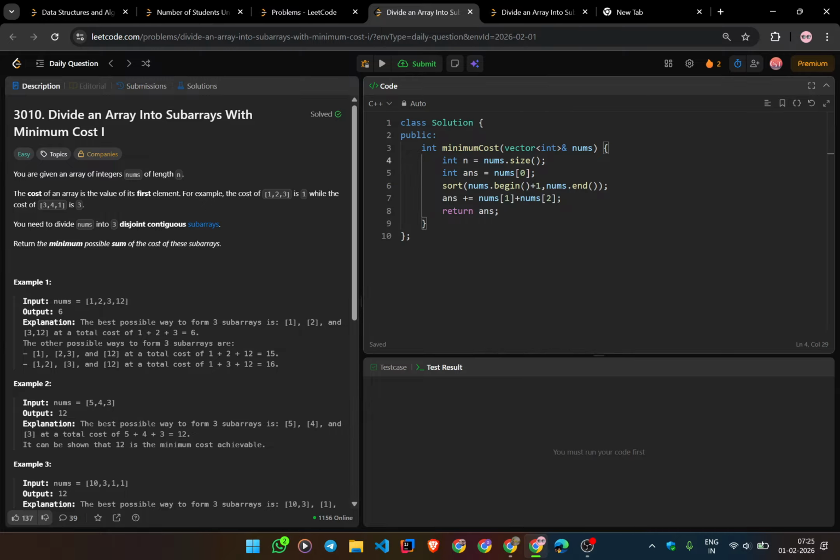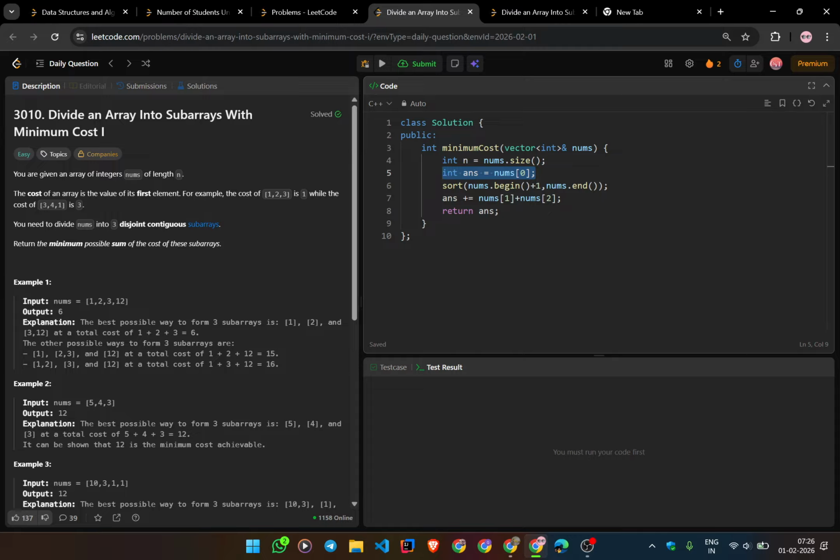Let's see the code we have written. In this line, we are initializing the answer with nums[0], because always, whether it is INT_MAX or any other value, we have to take the first value.